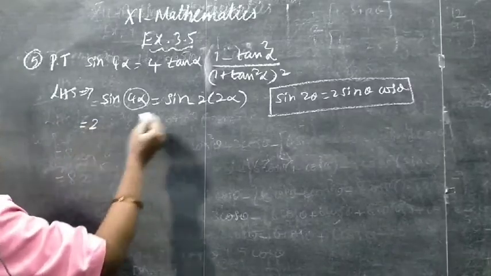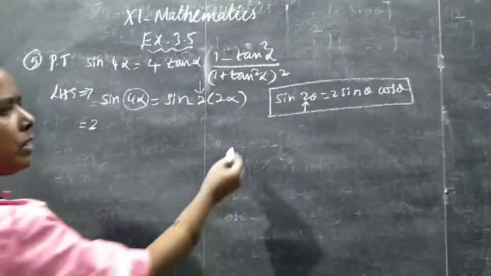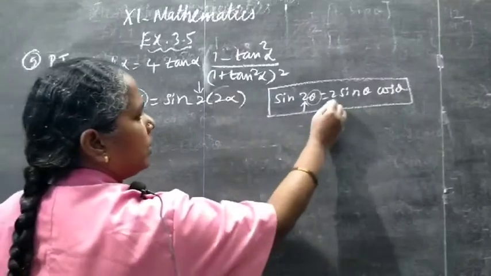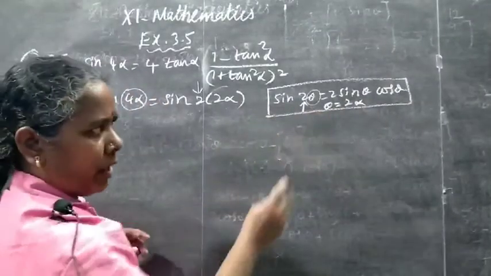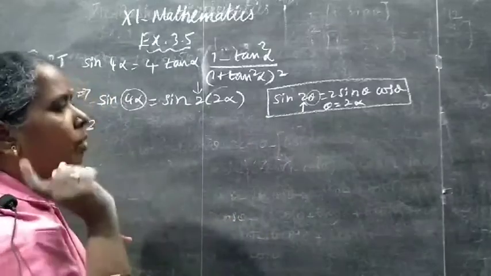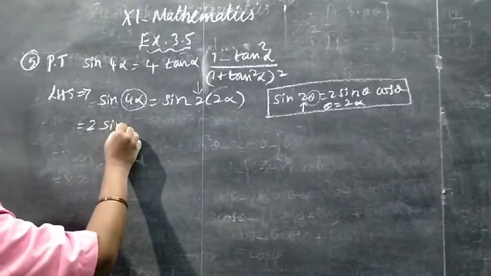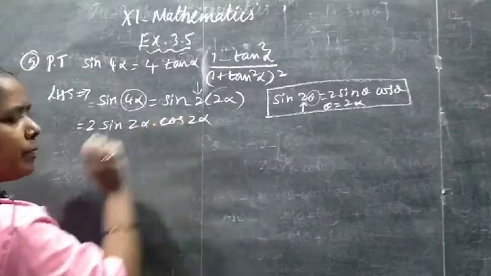Then what is theta? Here theta is nothing but 2 alpha. So on the right hand side, wherever you have theta, there you should give 2 alpha. So sin 4 alpha is 2 sin 2 alpha into cos 2 alpha.